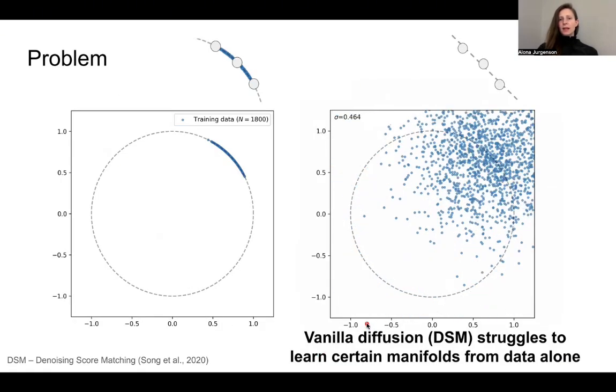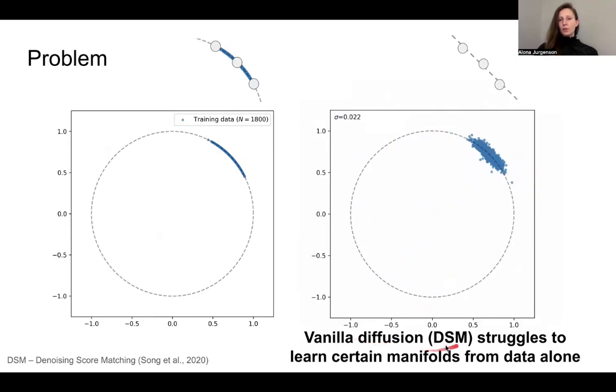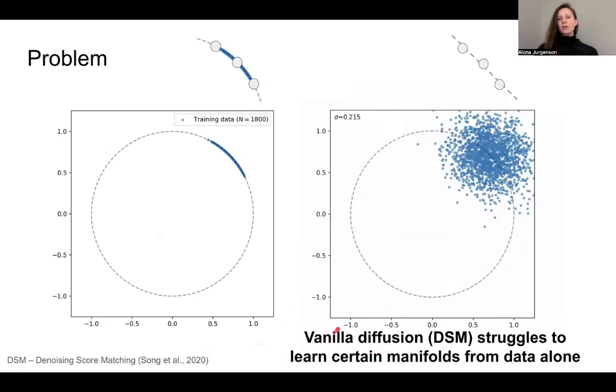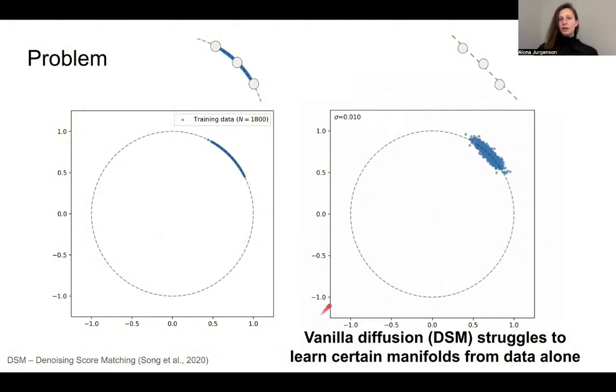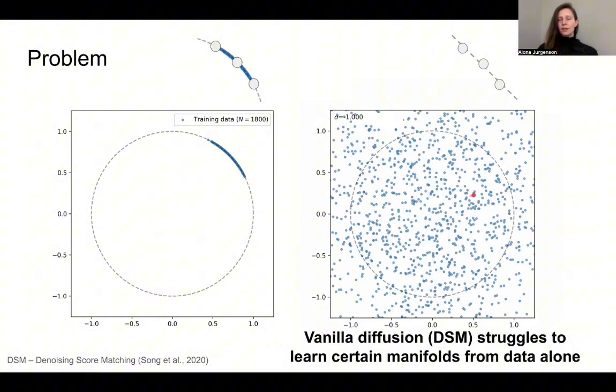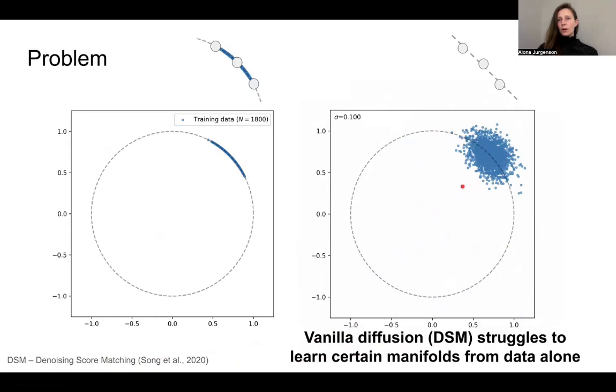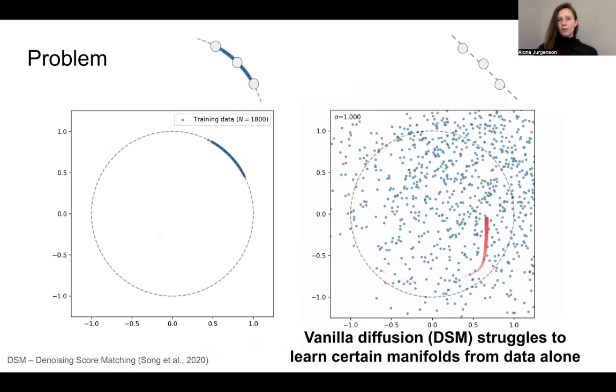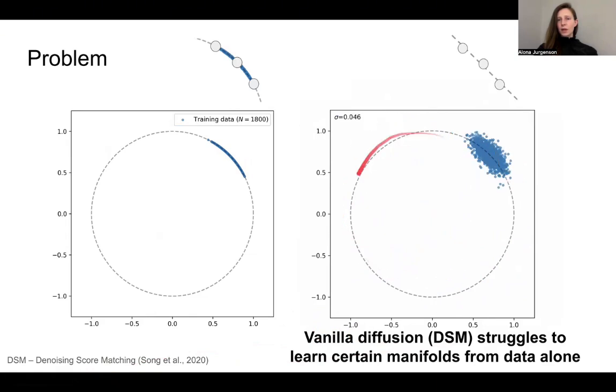So the problem is that vanilla diffusion, denoising score matching specifically, actually struggles to learn certain manifolds from the data alone. So it's not basically aware of where the data resides, what the manifold is. So in this case, the manifold is a unit circle.